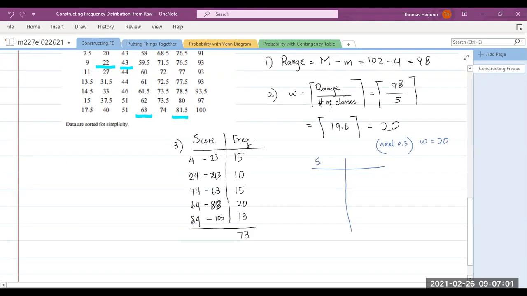The scores will be 4, 24, 44, 64, 84. This will be 23.5. From the previous upper class limit, I keep on adding 20.